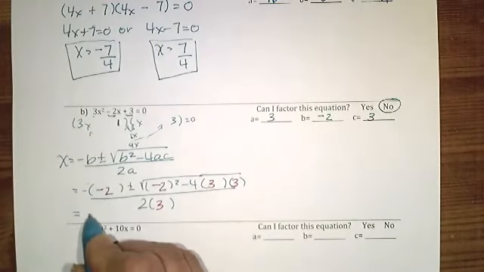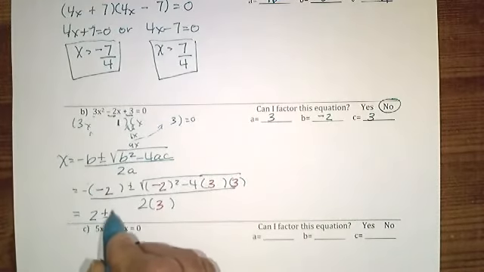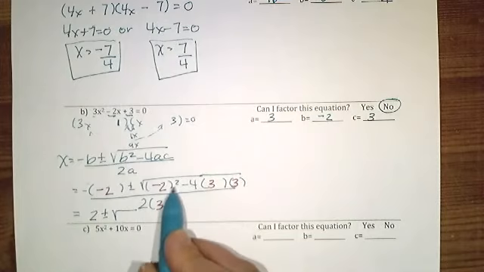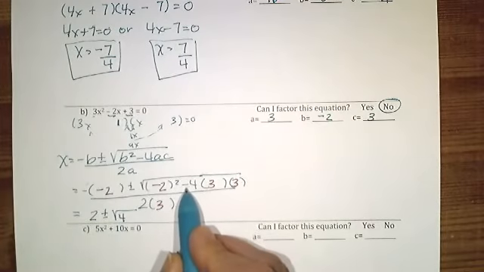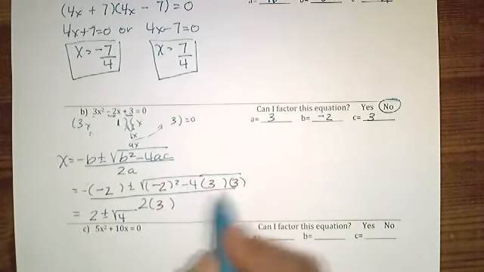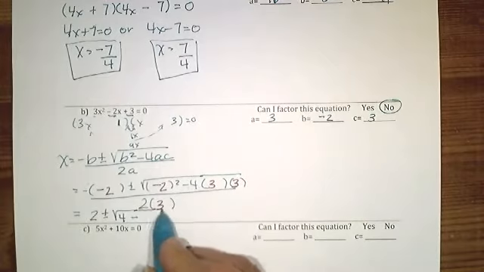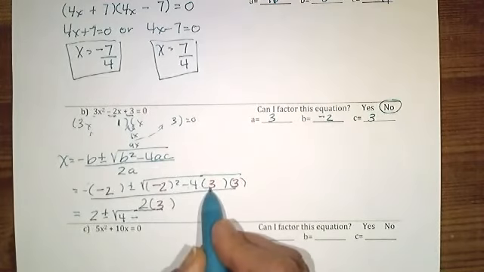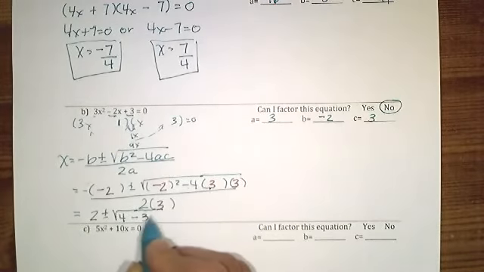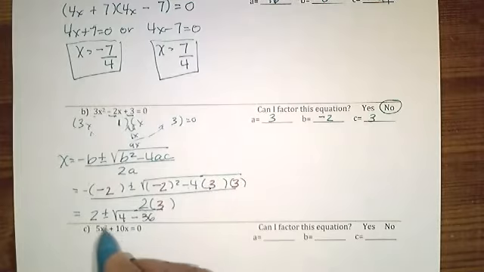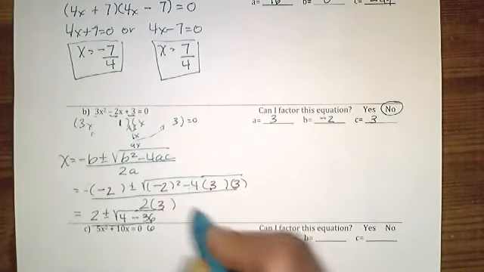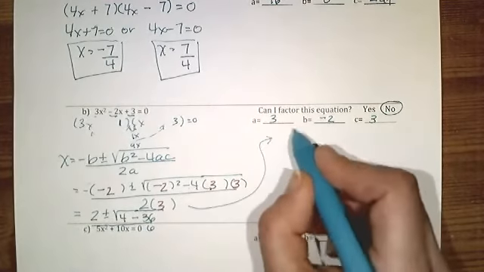So a negative and a negative will be a +2 plus or minus the square root. I have 4. We'll have a negative here. 4 times 3 is 12, times 3 is 36. Divided by 36. I should have moved that up here maybe.